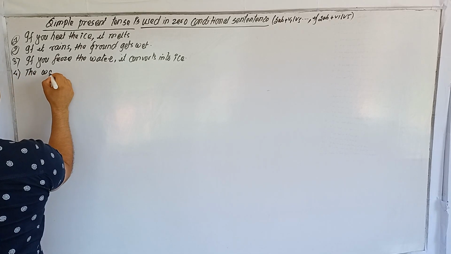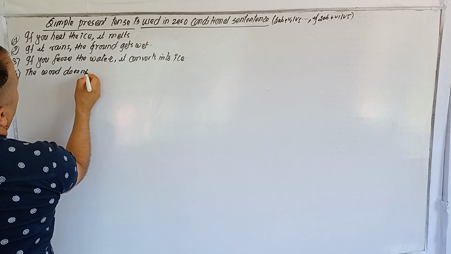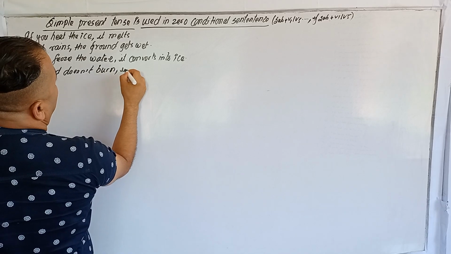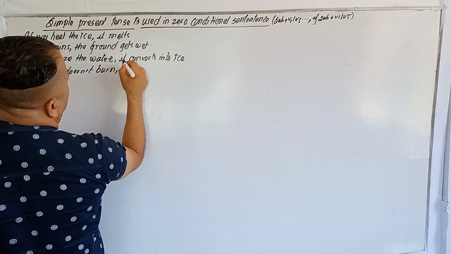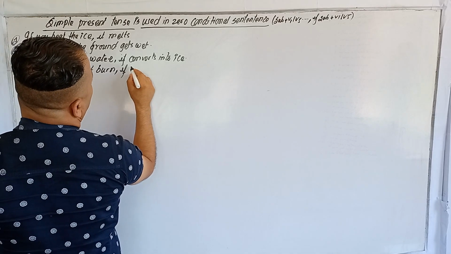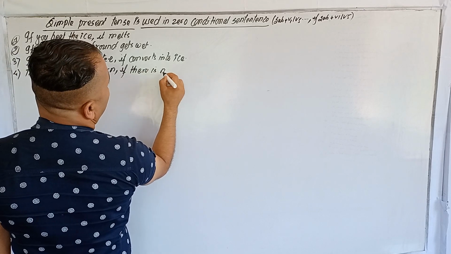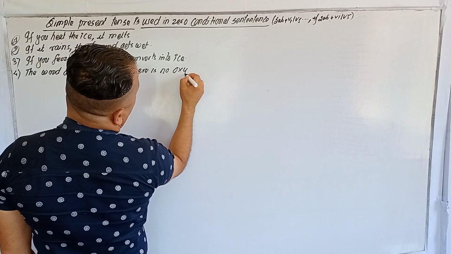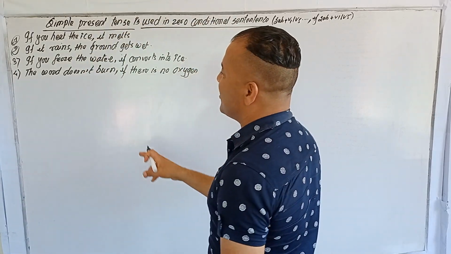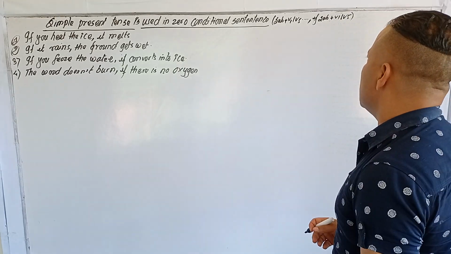The wood doesn't burn if there is no oxygen. There is no oxygen. This is the sentence: the wood doesn't burn if there is no oxygen.